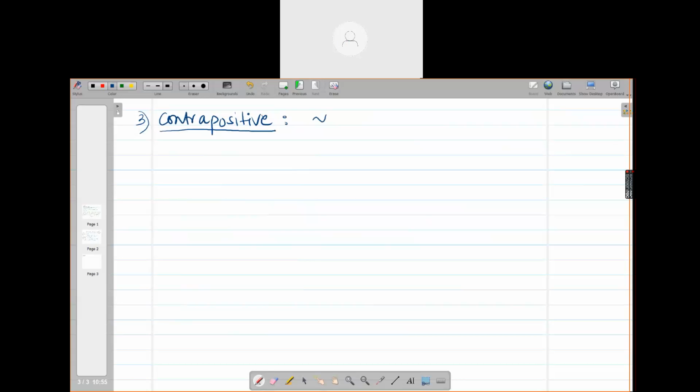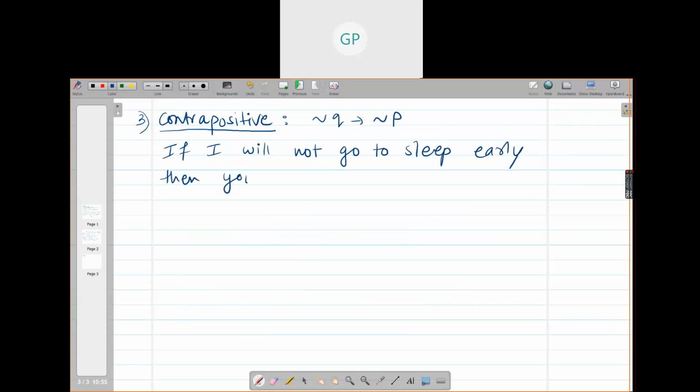Negation Q implies negation P, right? So what is negation Q? I will not go to sleep early, then you send me an email, right? Because your P is you do not send me an email. So negation P becomes you send me an email.